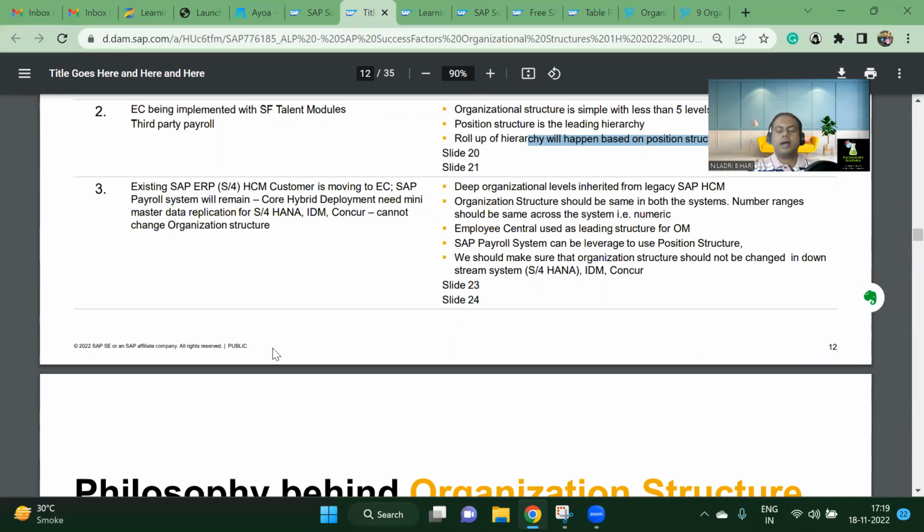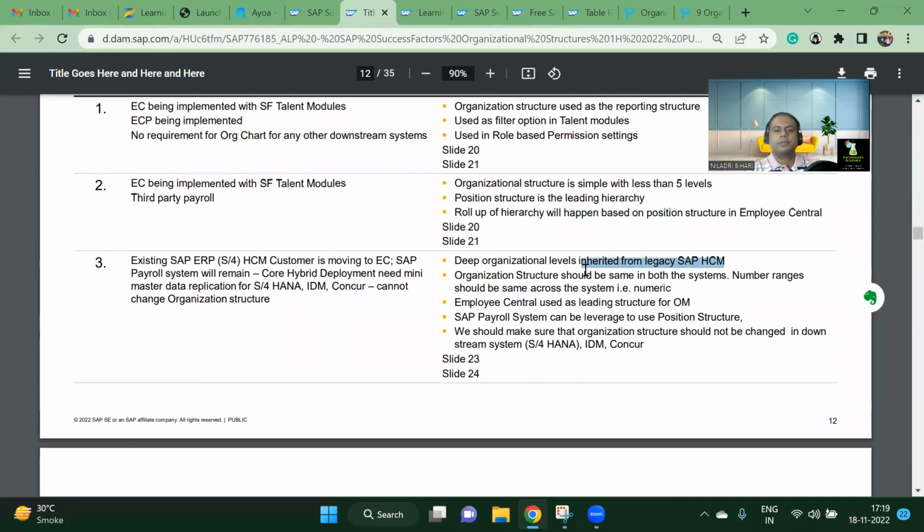So for S/4HANA, your identity manager, your Concur, cannot change the org structure. This is an understanding you have to understand very carefully. And it has deep organizational levels inherited from the legacy. Org structure should be the same in both systems, and the number range also should be the same. If you are maintaining both, then you have to understand the peculiarities of this.